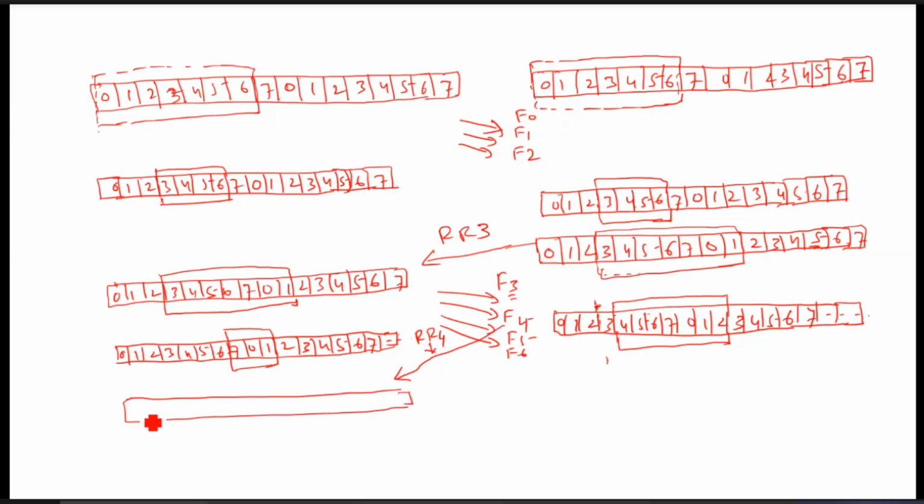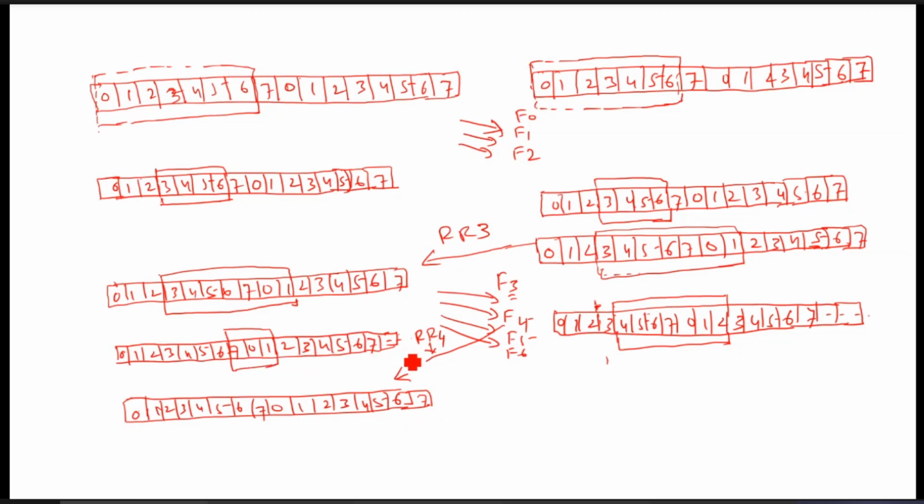It is 0, 1, 2, 3, 4, 5, 6, 7, 1, 2, 3, 4, 5, 6, 7.